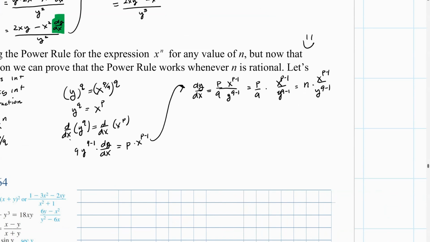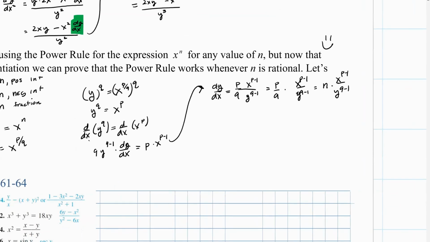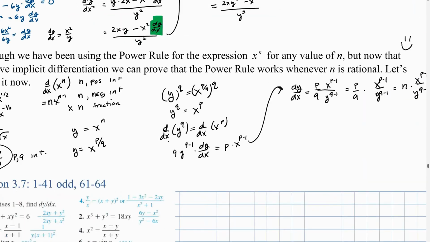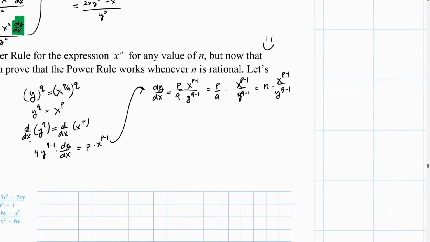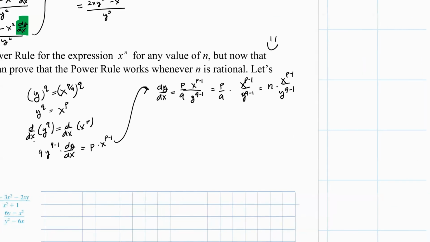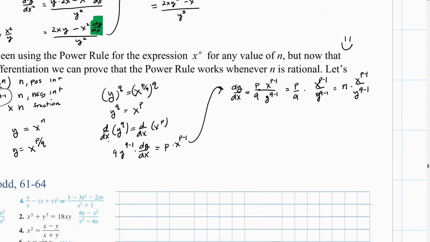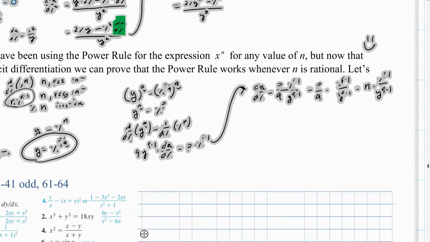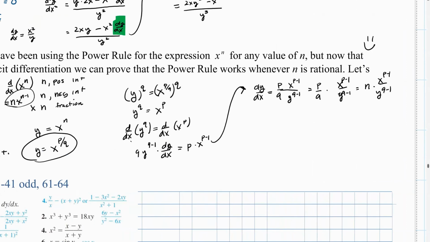Great. But remember, our goal is to show that it's equal to n times x to the n minus 1. We're certainly not there yet. So let's do some other things. For example, our very first step, our very initial thing, is to say that y is x to the p over q.